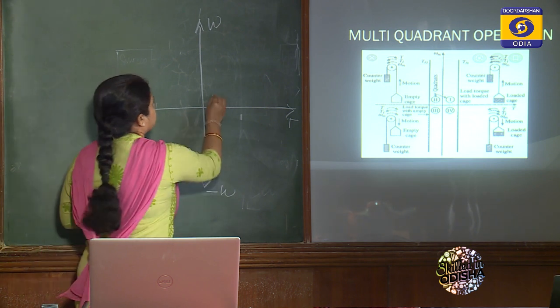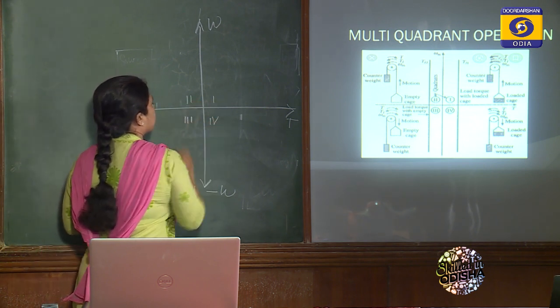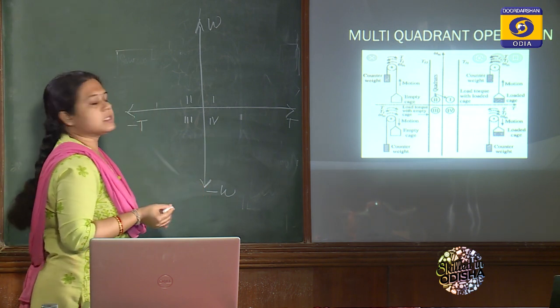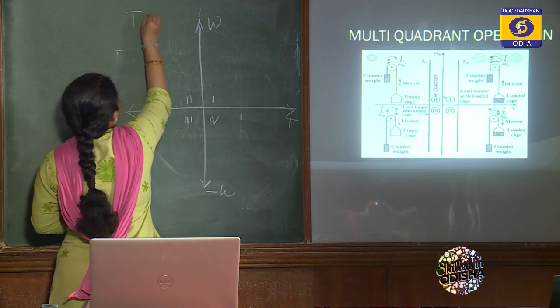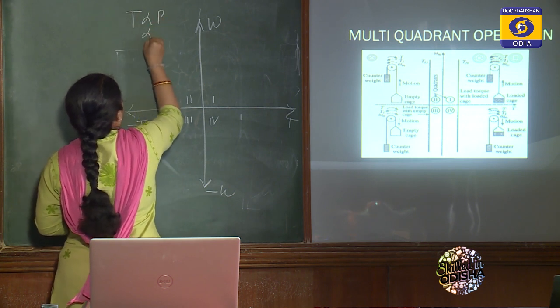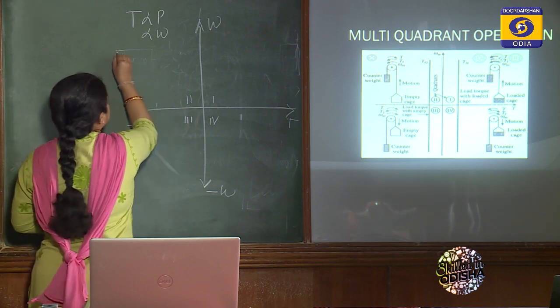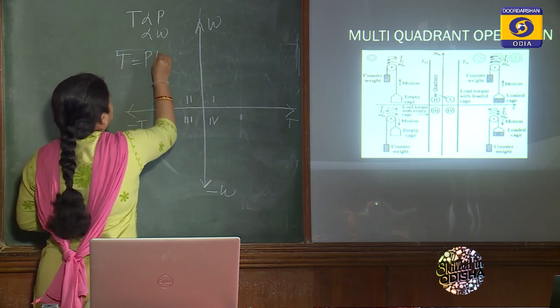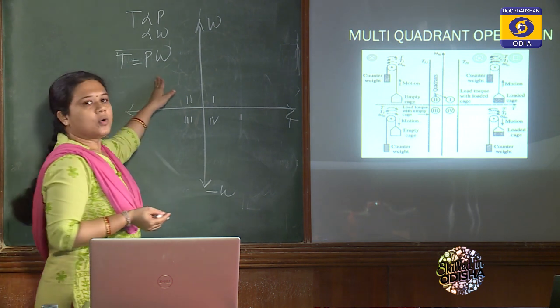So this is quadrant 1, this is quadrant 2, quadrant 3 and quadrant 4. Generally, power is directly proportional to torque and directly proportional to omega, that means it can be written as P is equal to T into omega, torque into omega.